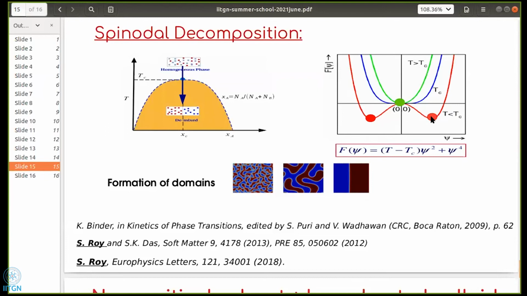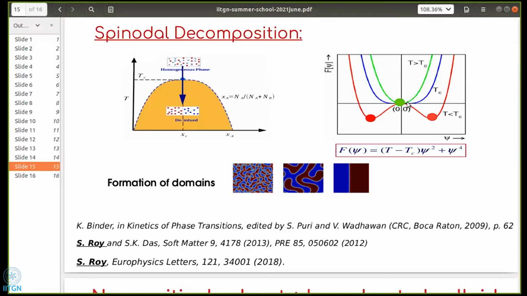So the system should try to go from the green circle to one of these red circles. And as it does so, it undergoes a non-equilibrium phenomenon. That phenomenon is known as phase separation, or spinodal decomposition, or domain formation, the terminologies which you have come across in the talk today. So that's what is meant by phase separation.